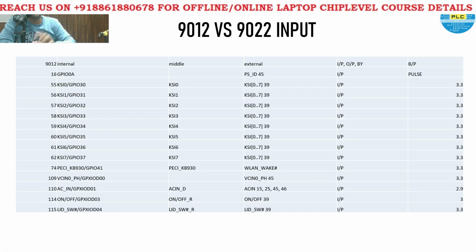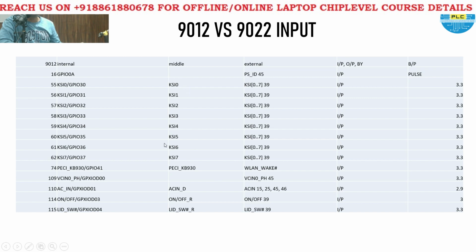Now the inputs are very many, so that's why I mentioned a separate page. These are the 9012 input pins. In this particular group of 16 pins we get pulses. All the others are 3.3 volts; here it's 2.9, the AC in. So what information do you get as input?